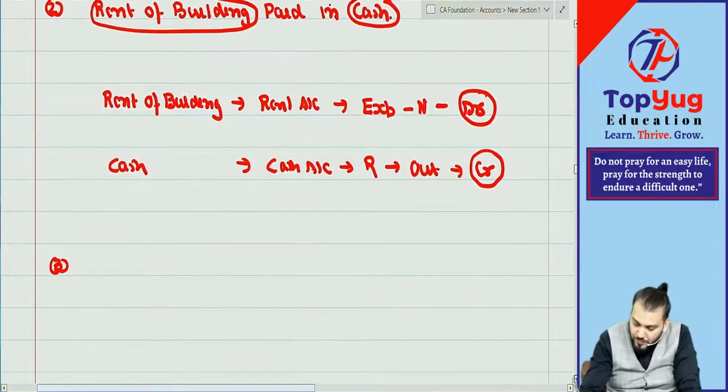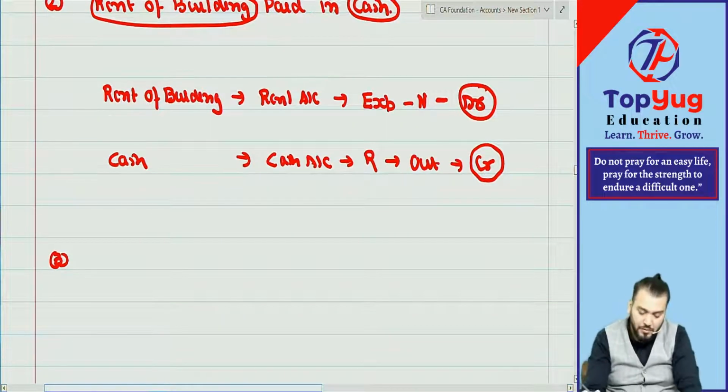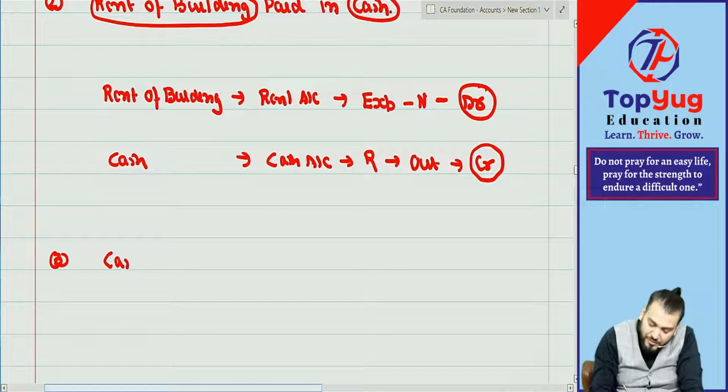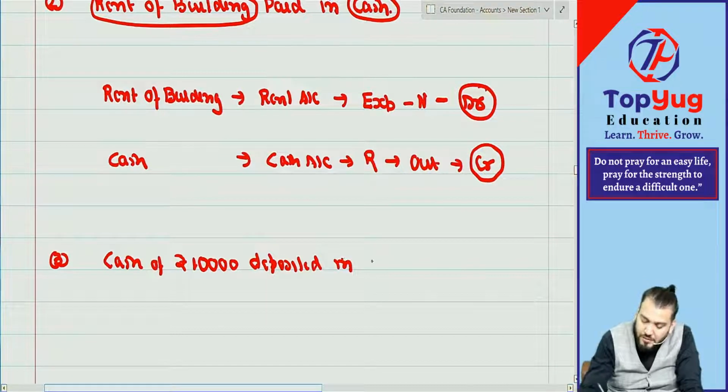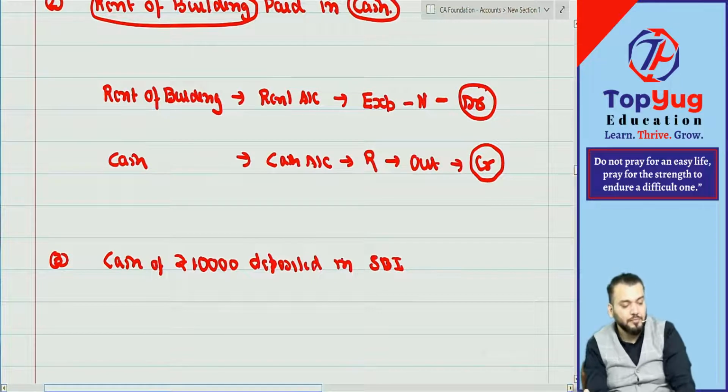Look. Cash of rupees 10,000 deposited in State Bank of India, SBI. Understood?